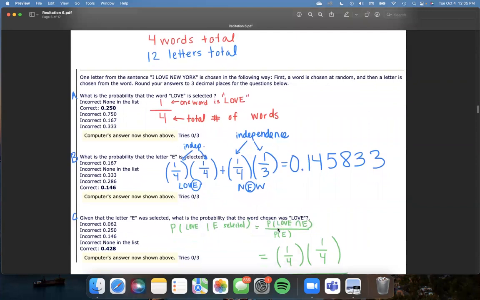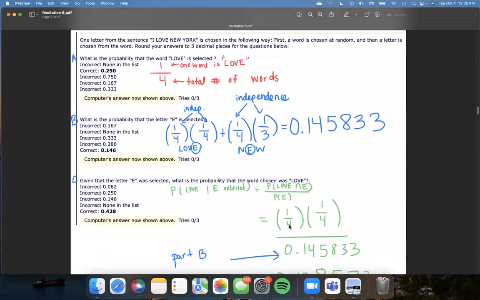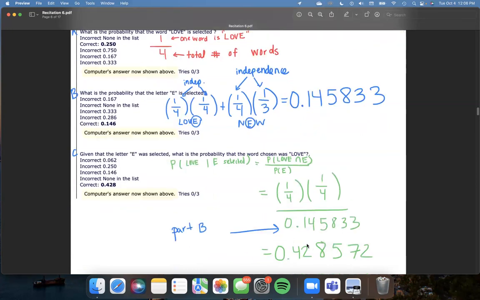That's the probability of love intersect E divided by the probability of E. The numerator is 1/4 times 1/4, and our denominator is the probability that E is selected, which we found in part B, 0.145833. When you solve this, you get 0.428.